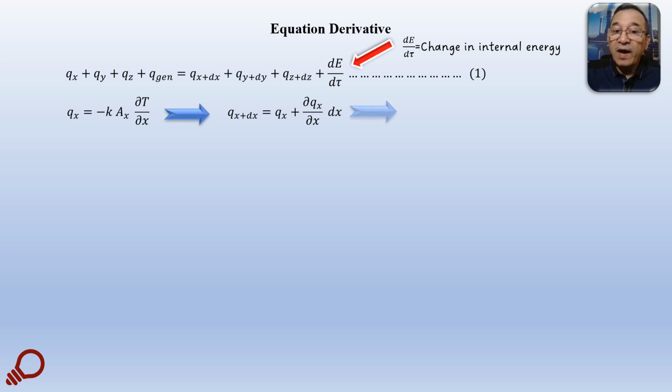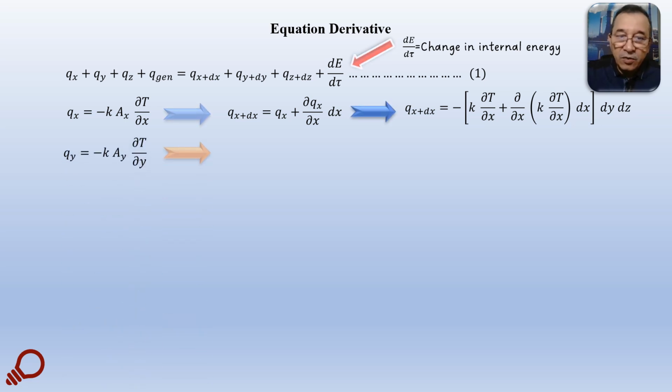If we substitute the values of q sub x, then we will finally get a form for q sub x plus dx. Similarly, q sub y can be presented as minus k A partial T with respect to y.